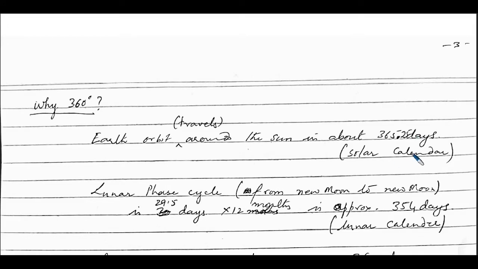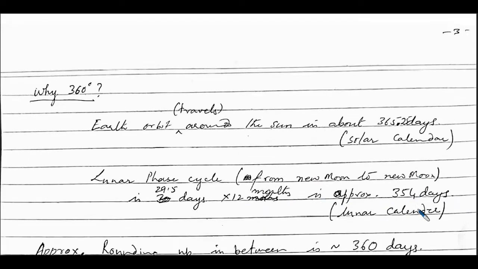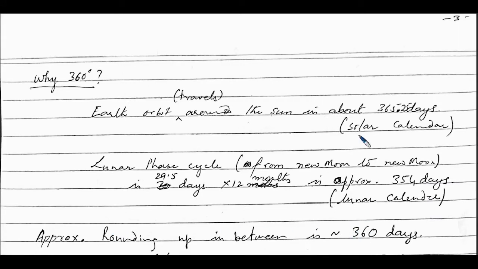This is a solar calendar, and in India we used to practice, I think, a lunar calendar. The lunar phase cycle is 29.5 days from one new moon to another, times 12 months is approximately 354 days. So you can approximate between these two as 360 days.